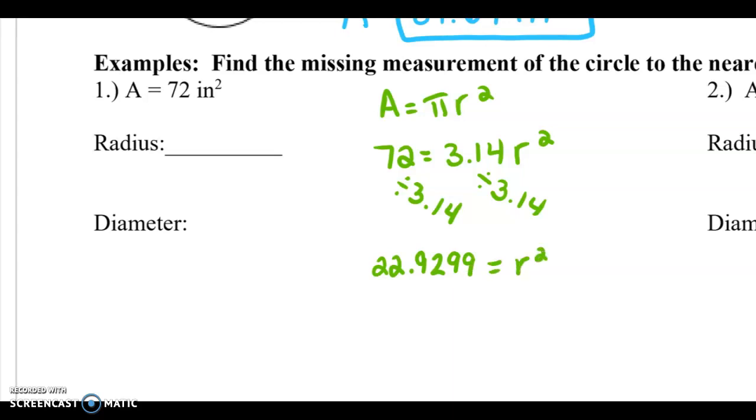But I don't want r squared. I want r. So I have to take the square root of both sides. In your calculator, you hit the second button and then the x squared button. That's how you take the square root.